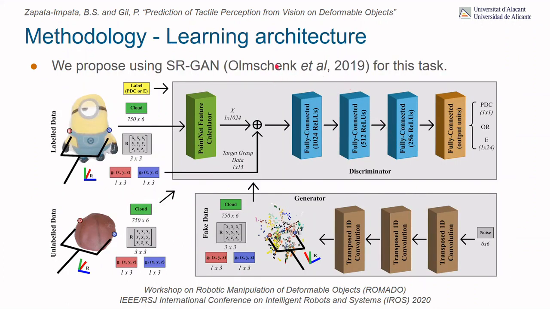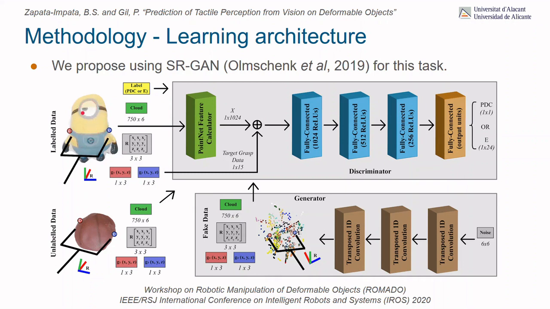For this task, we are proposing the use of the SR-GAN, which is a GAN network used for regression learning and semi-supervised learning, which was proposed by Olmschenk et al. in 2019. This GAN has a discriminator that is going to learn a regression task, in this case regressing PDC values or the electrode values, and it uses the PointNet feature calculator for learning features from our point clouds of objects.